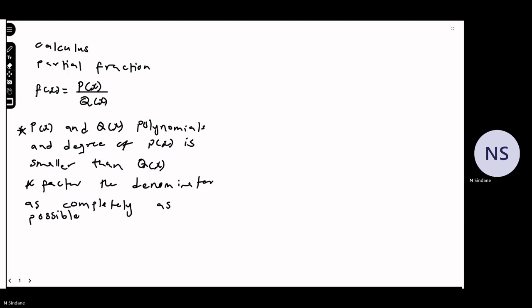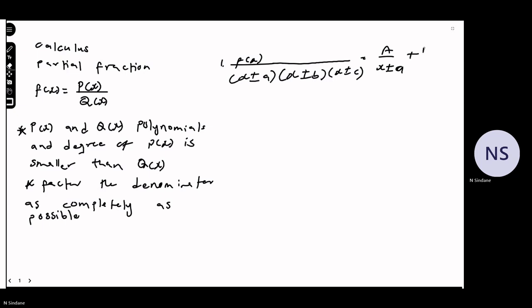Then for each of the factors in the denominator, we can use the following. Number 1, if you are given f of x and the factors as x plus or minus a, x plus or minus b, x plus or minus c, right? You can rewrite this as a over x plus or minus a, plus b over x plus or minus b, plus c over x plus or minus c, right?